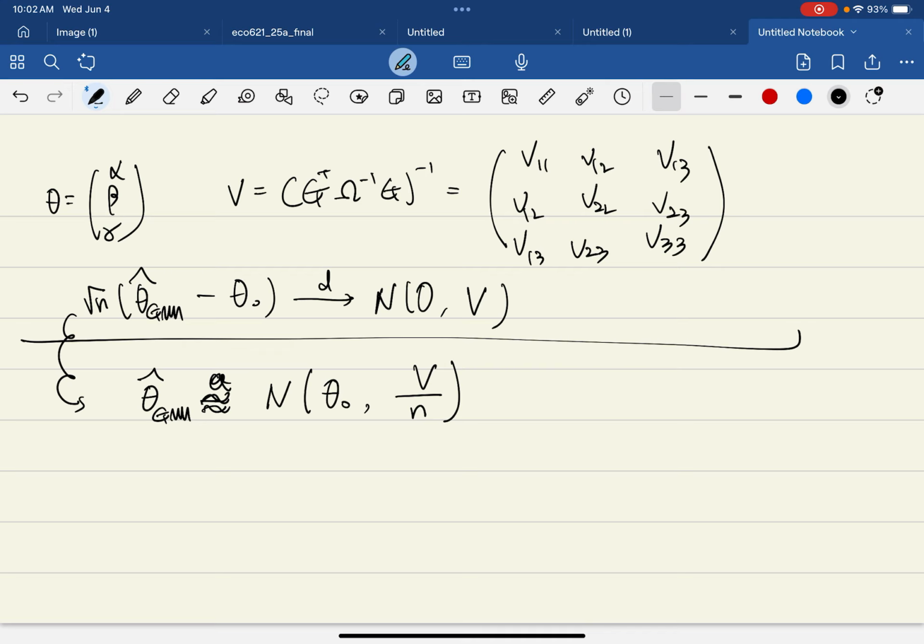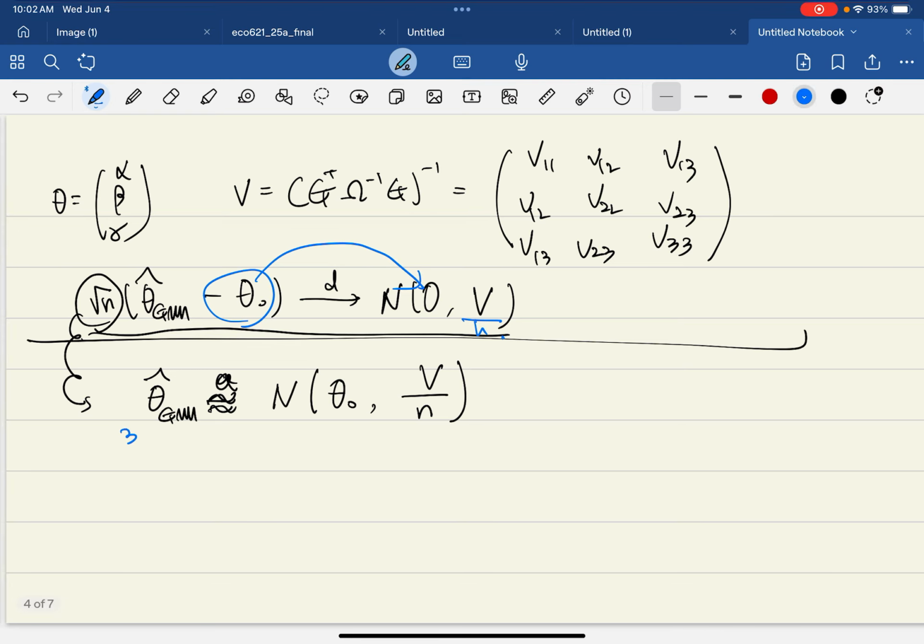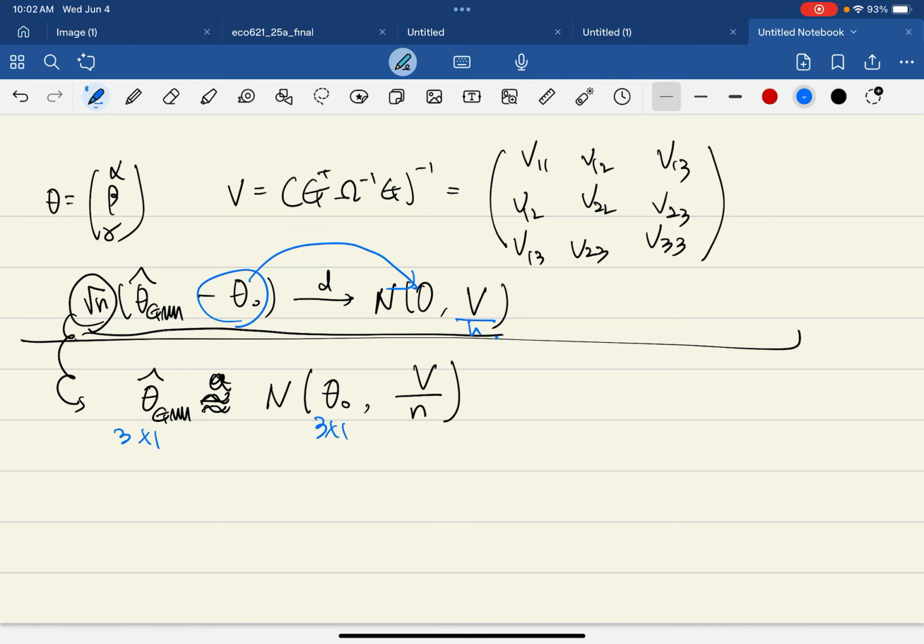Theta hat can be written this way. Square root of n is divided here, and theta 0 is moved to the other side, then you get this. Now this is 3 by 1 and this is 3 by 1, with a 3 by 3 variance matrix.